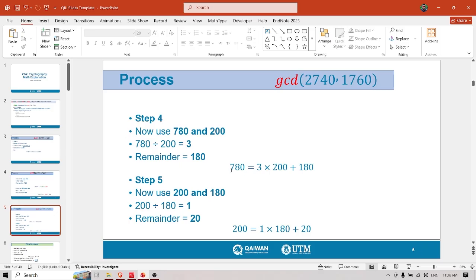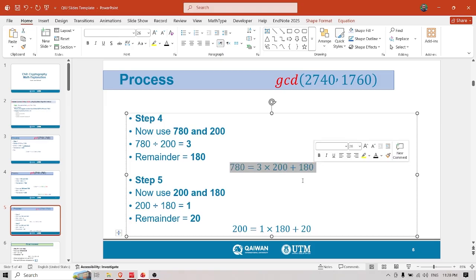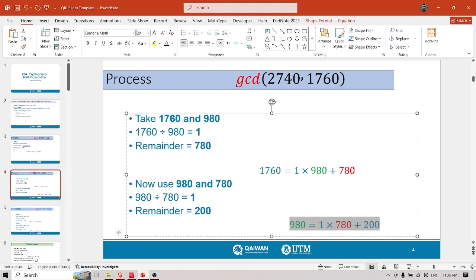Step 4, as we said, we took the biggest number and put it on the other side of the equal sign, then we have the other number. We will multiply it by 3. The rule here would be to make sure that this side will be equal to this side. However, the first rule is that as we take these two numbers, the biggest number usually would be in this side, and then would be used.